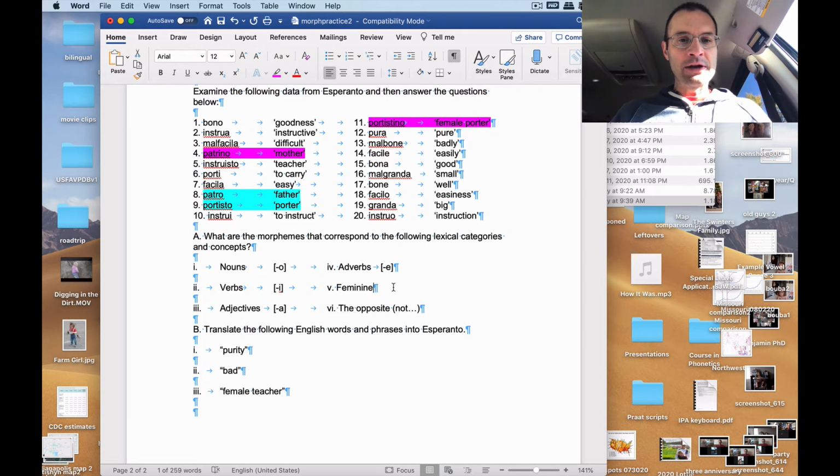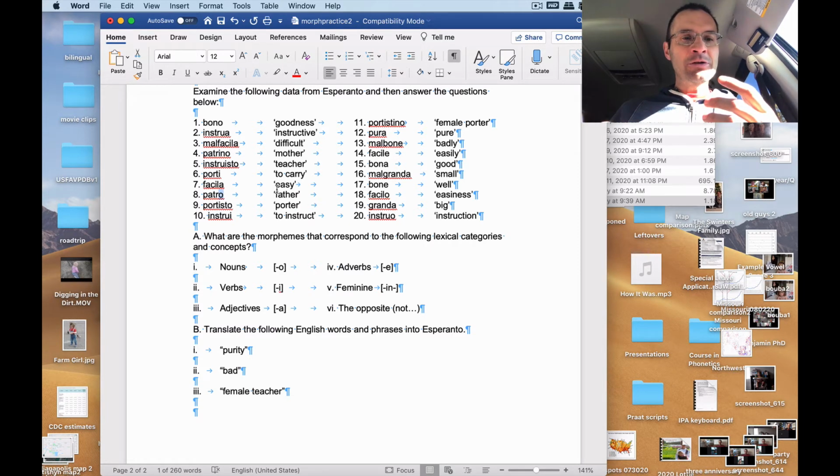Basically, the way you create the feminine is with this in morpheme. You can think of that as an infix if you want to, if you're starting with patro and going from there to patrino. But another way you can look at it is that the root form here is the PATR part of patro, and then you add the O onto that to create a noun.